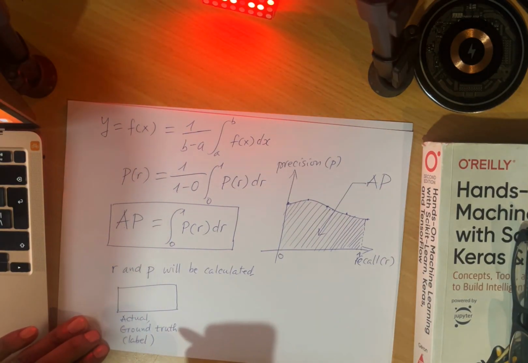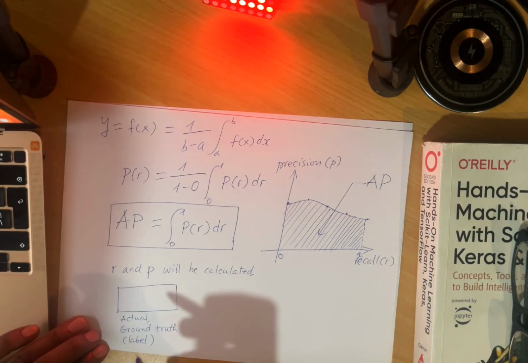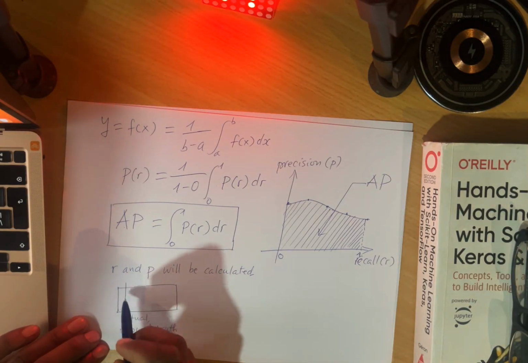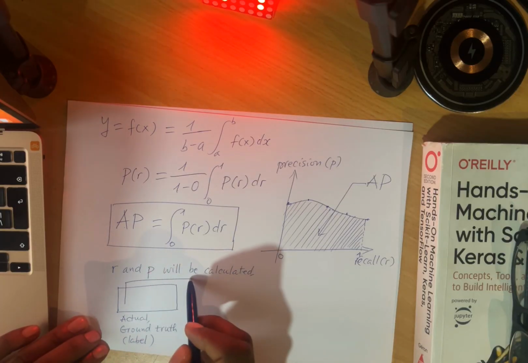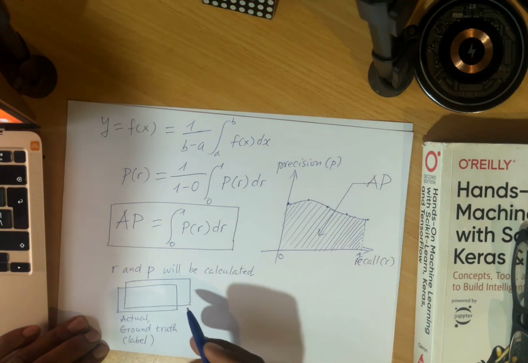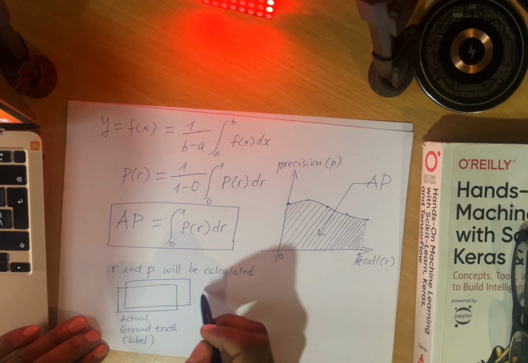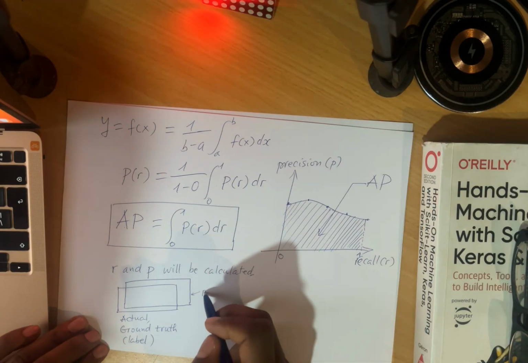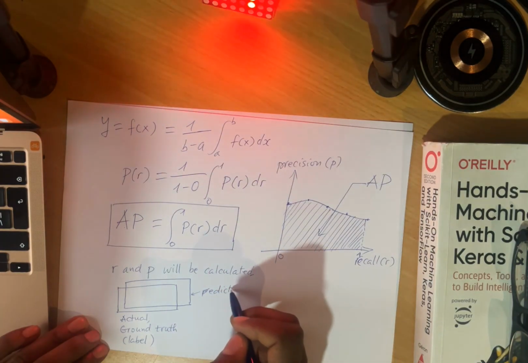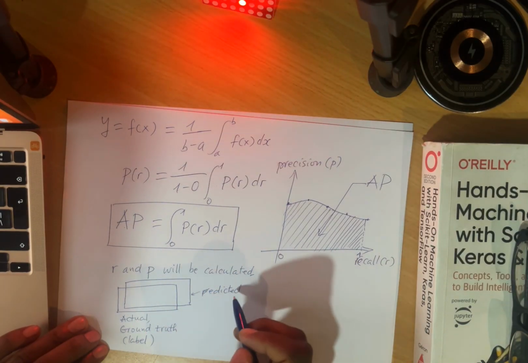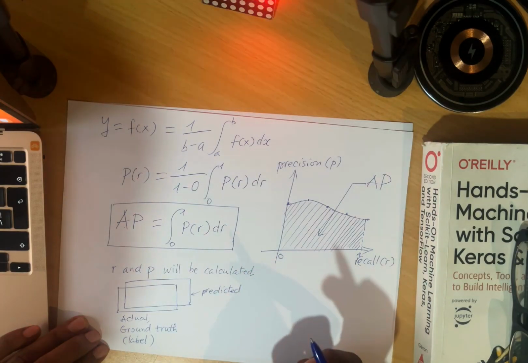And the model, in its prediction on a new unseen image, draws this bounding box as predicted, or just prediction.